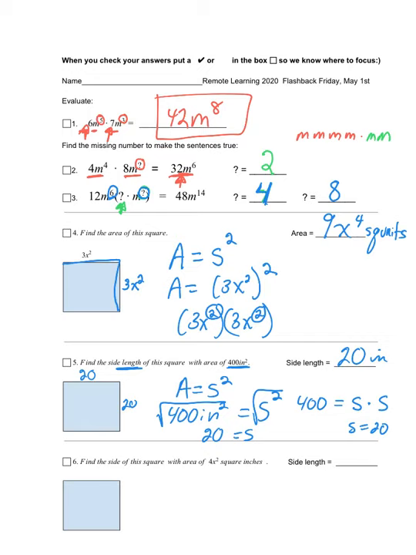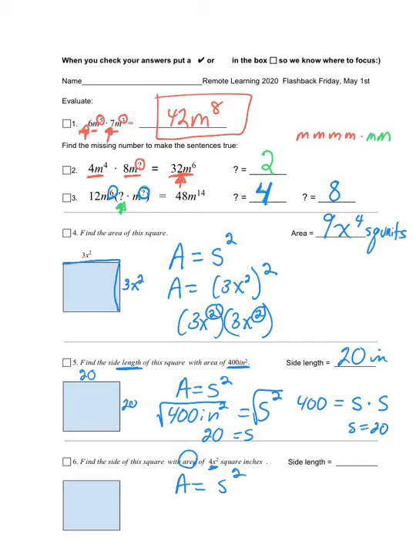All right, number 6, same thing. We're working in reverse, and I would pause the video, try this one on your own, and then start again. Find the side of the square with an area of 4x squared. So you have area equals my formula. I plug in what I know.